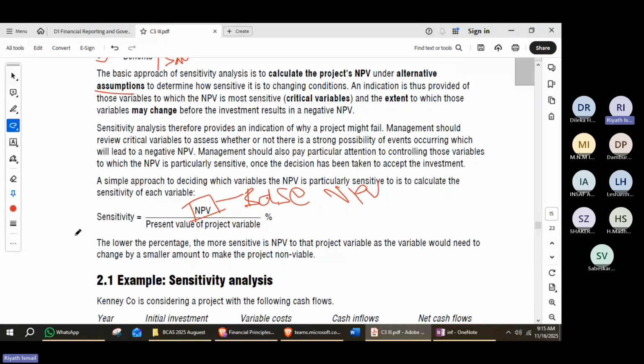For each scenario, we calculate the sensitivity value.